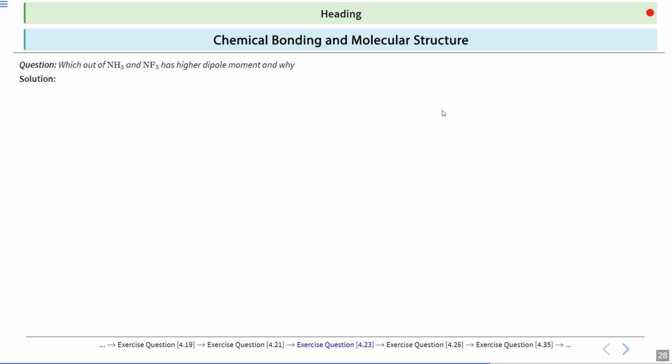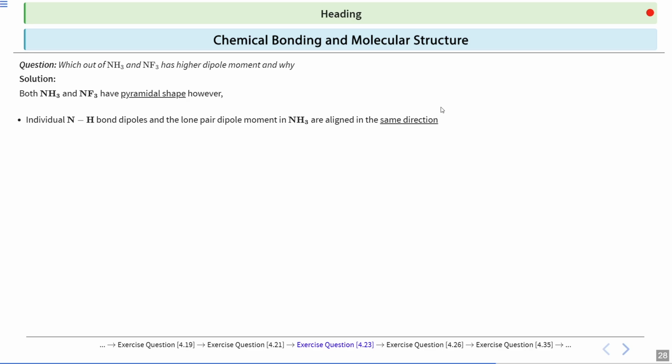Yes, it will have one lone pair and a pyramidal shape. If it has a pyramidal shape, then we can identify the individual dipoles. There will be dipoles along N-H and it will have a larger net dipole moment.